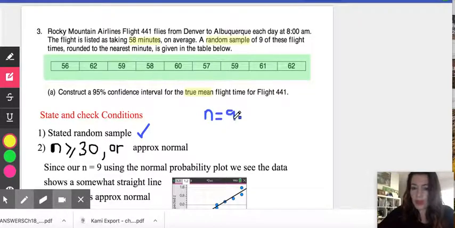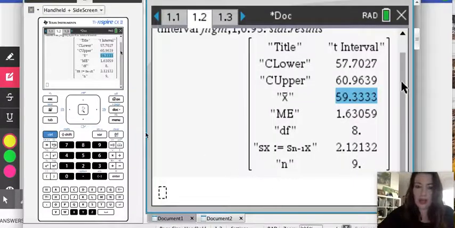Unless the problem states that your sample was taken from a normally distributed model, which it does not, what you need to do is go back to your calculator, since we already have the list entered, and graph the data to see if there is any skewness or any outliers present.